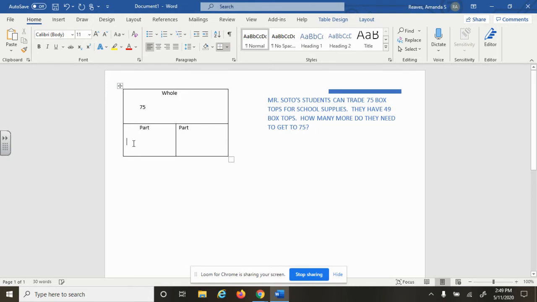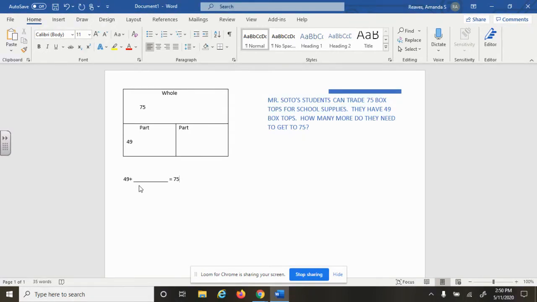Now I've already got 49 box tops. I'm trying to figure out the change. How do I change 49 to make it get to 75? So once again, we could say 49 is one part plus something equals 75.